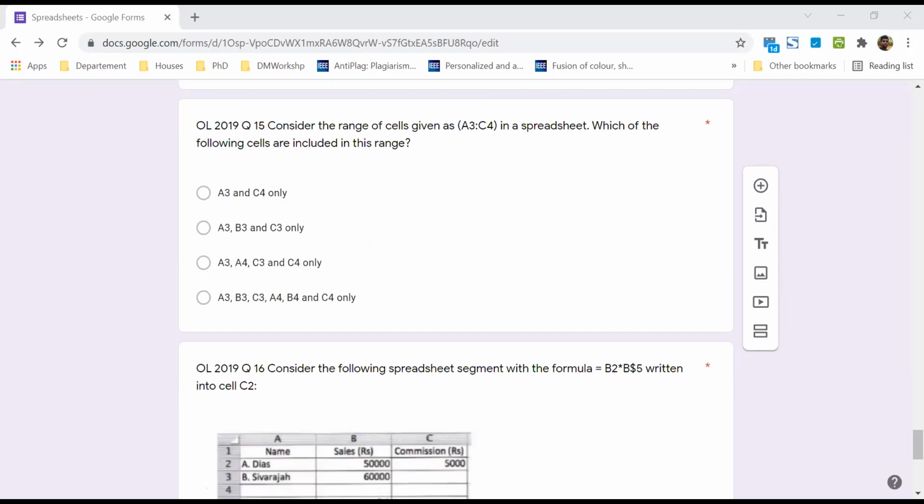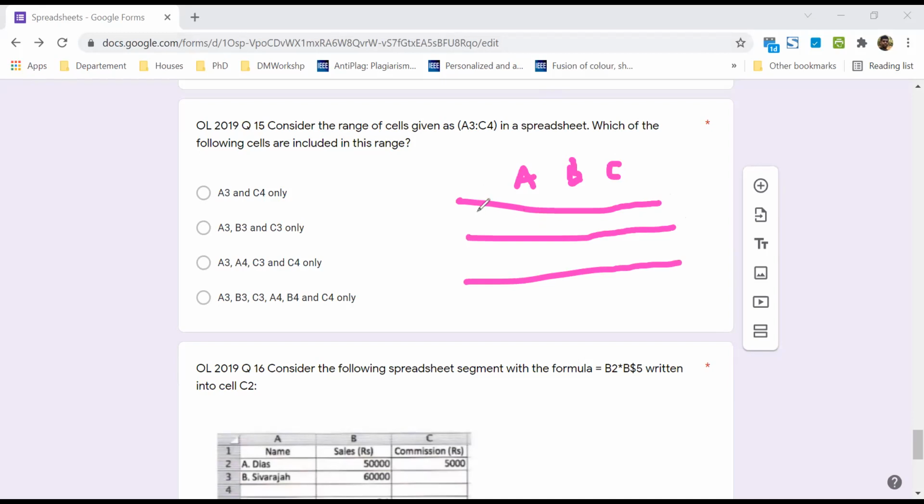So the next one. Consider the cell range given as A3 to C4 in a spreadsheet. Which of the following are included in this range? When you say A3 to C4, the simplest way, if you are confused, is to write it out. We know that we have columns A, B, and C, and then rows 3 and 4.